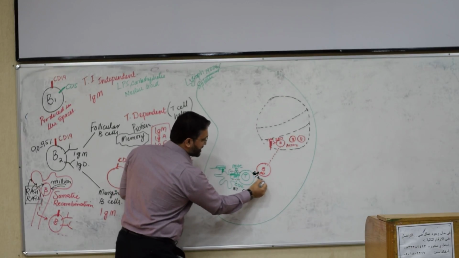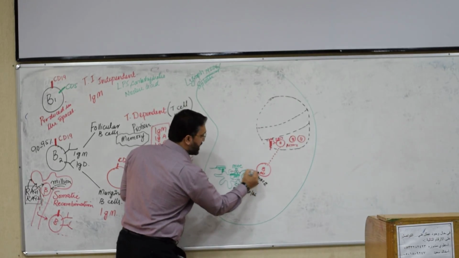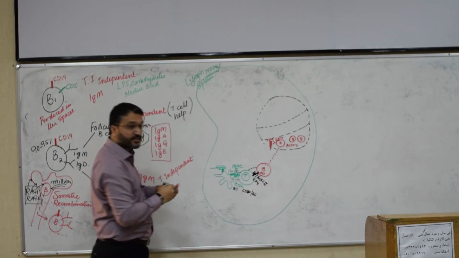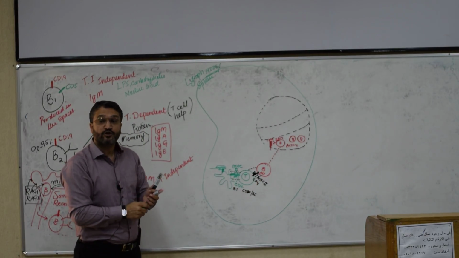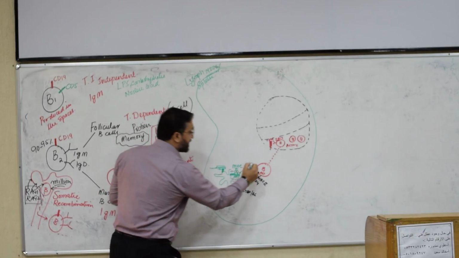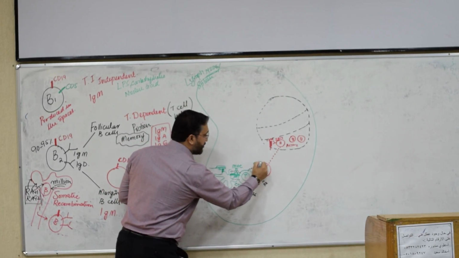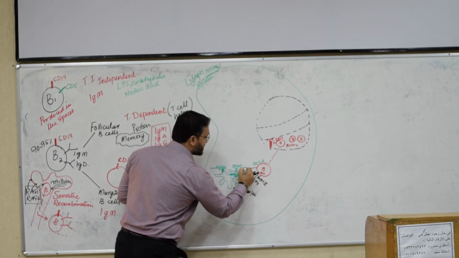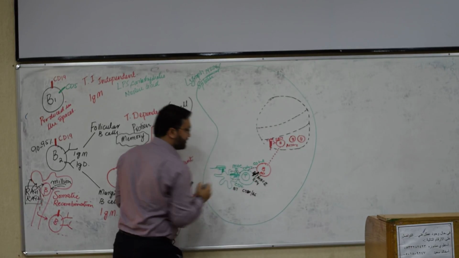So MHC class 2, here is of course CD4, and now the co-stimulatory signal will be what? It's CD40 and CD40 ligand. So here is the CD40 receptor, and here is the CD40 ligand.